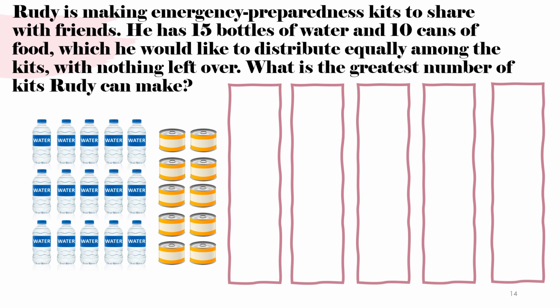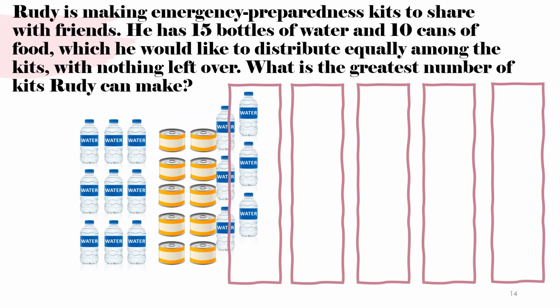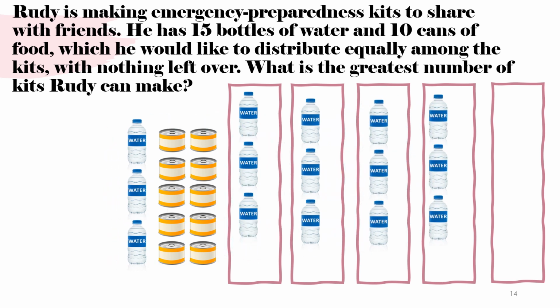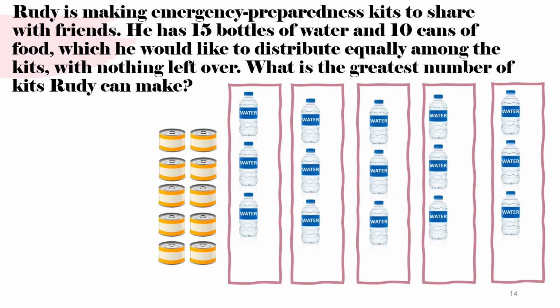Because 15 is divisible by 5 and 10 is divisible by 5. So we take our 15 bottles of water, we're going to split them up into our 5 kits. That means each kit gets 3 bottles of water. Now we're going to split up our cans of food.